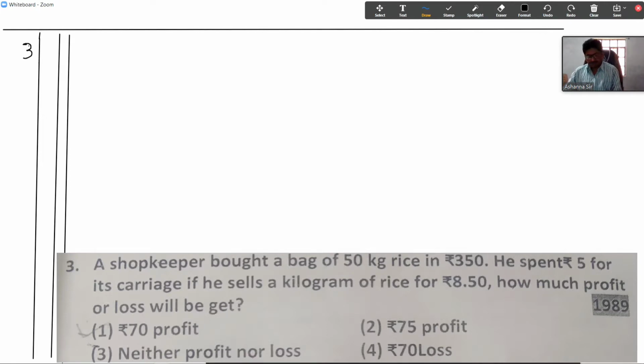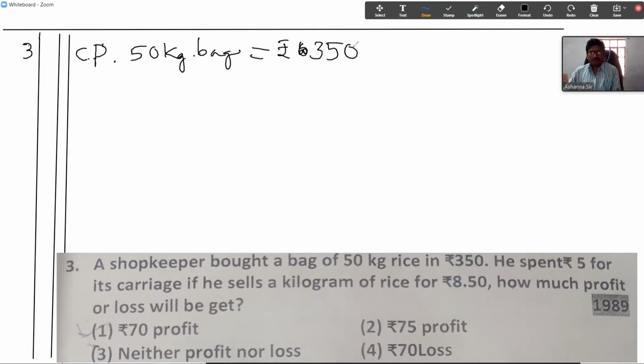Shopkeeper bought the 50 kg bag. Cost price of the 50 kg bag is equal to 350 rupees.